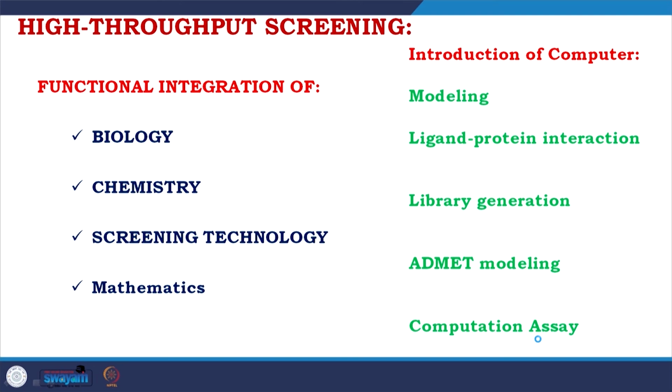ADMET is very important in vivo, but in silico ADMET could have saved a lot of money, and then computation based assay would speed up and would further reduce the cost of the process. So, with that I will finish the introductory class. In the next class we will talk about the processes in detail. Thank you very much.